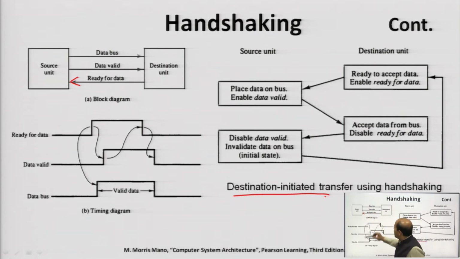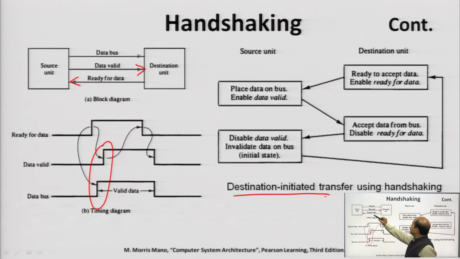Immediately after that, the source will put the valid data onto the channel, then it will enable the data valid signal, informing the destination: now you can receive the data.